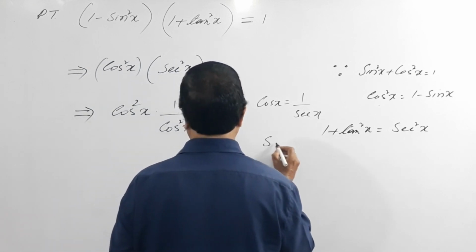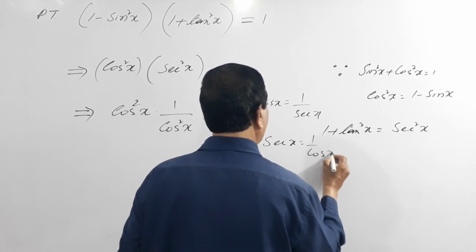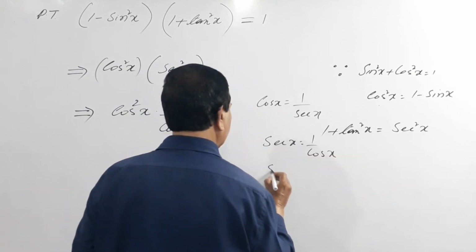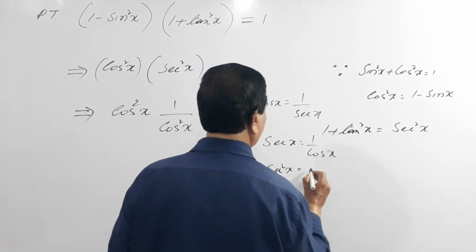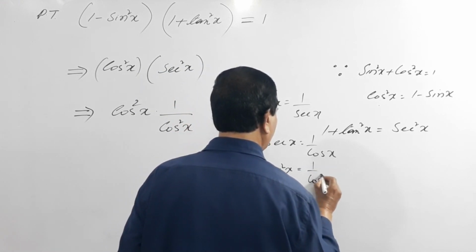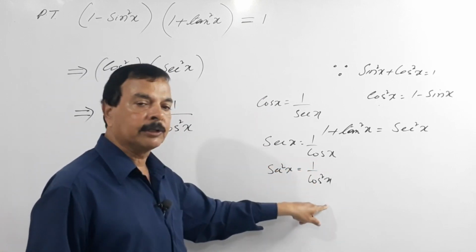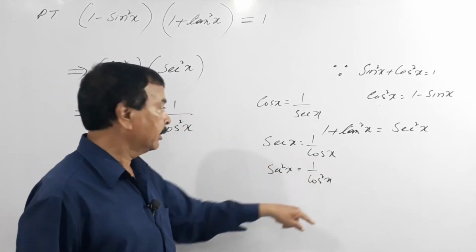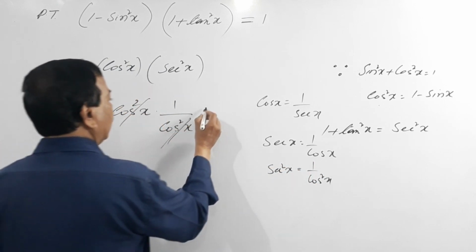So, since it is secant square x, and secant x equals to 1 by cos x, secant square x equals to 1 by cos square x. If it is secant x, it is 1 by cos. If it is secant square, this should be cos square. So cos square cancels. You are left with 1.